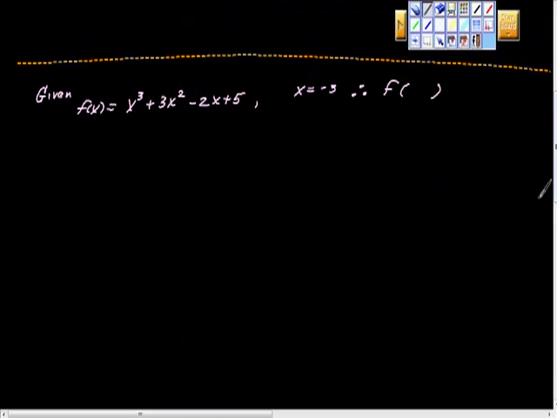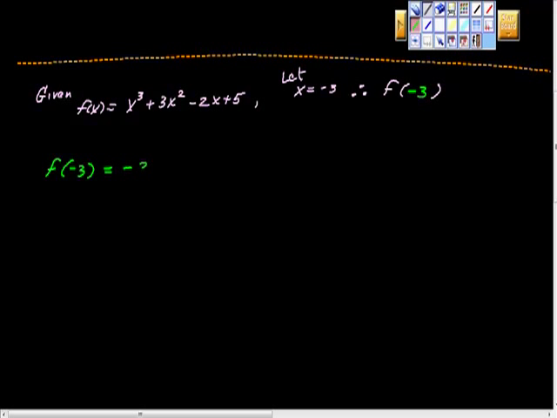All right, so here's the second equation. Given that f of x is x cubed plus 3x squared minus 2x plus 5, let x equal -3. So what are we going to do? We're going to take f of -3. What does that mean? Every place we find an x, we're going to put in a -3.